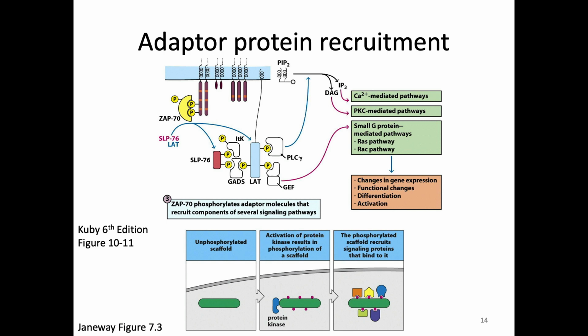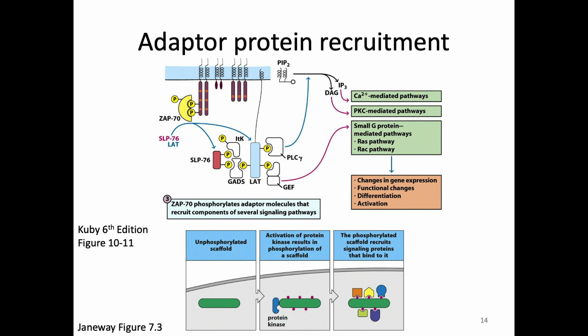Adapter proteins are just like those plug adapters. They have no function. They aren't an enzyme. They don't actually do anything. All they do is help change the signal from one branch to another. And so what I usually think about in terms of my adapter protein is here is maybe a picture of an adapter protein, and it can get phosphorylated. Here's my adapter protein that's been phosphorylated a bunch of times with the little pink dots at the bottom.